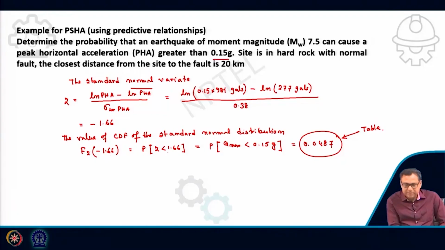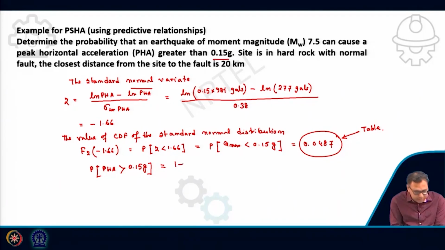So the probability of Z less than 1.66 is the probability of A max less than 0.15 G. But here it is the probability greater than 0.15 G, so I can write that PHA or A max greater than 0.15 G will be equal to 1 minus this value 0.0487. So that will be equal to 0.9513.